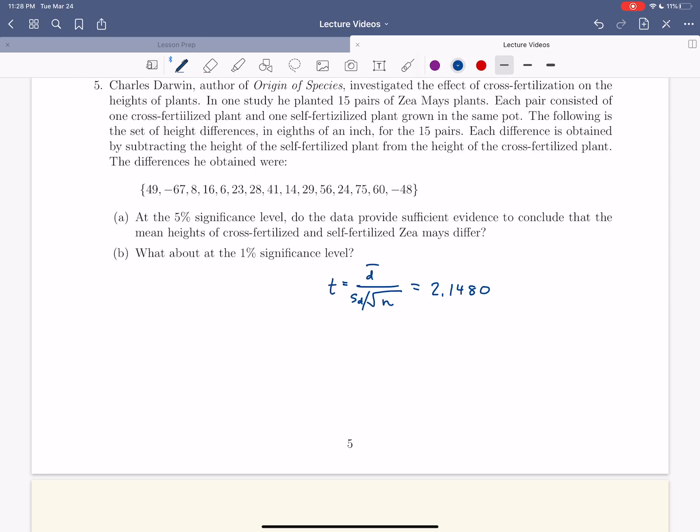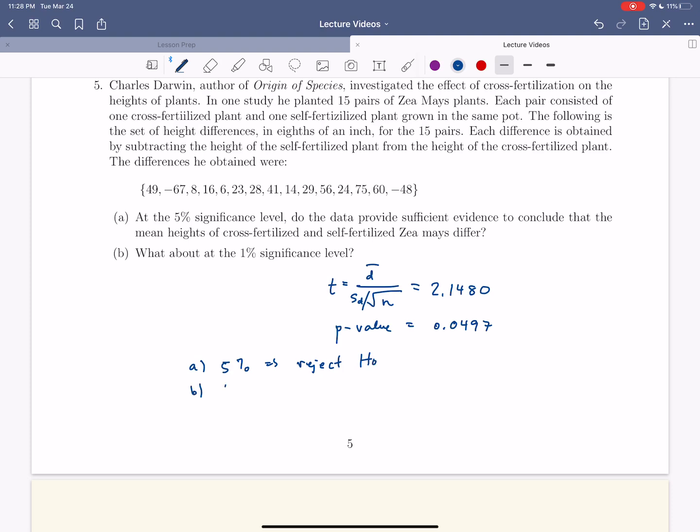R also tells us our p-value. Our p-value kind of ruins the story, actually, but our p-value is 0.0497. That means that to answer part A, at the 5% significance level, we're going to reject the null hypothesis. There is enough evidence at the 5% significance level to reject the null hypothesis.